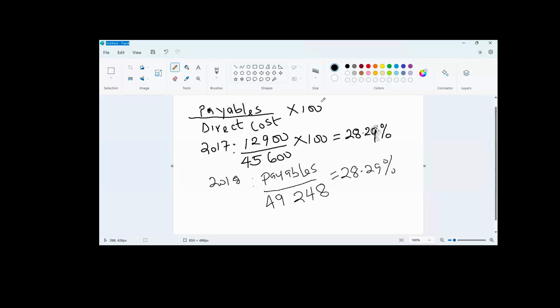I can now calculate payables. Payables for 2018 is equal to 49,248 multiplied by 28.29%. Please don't forget percentage. What do you have here, please? What is payables for 2018?